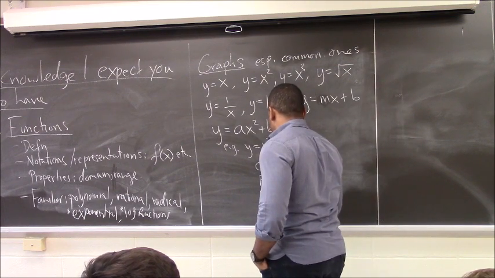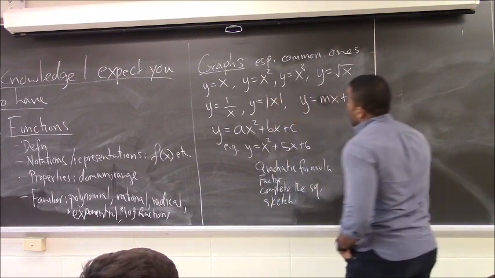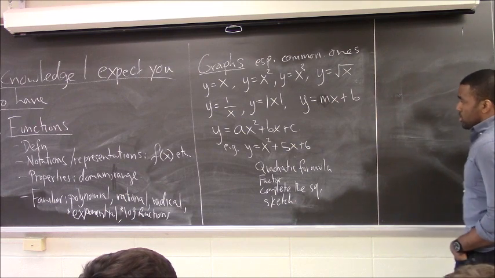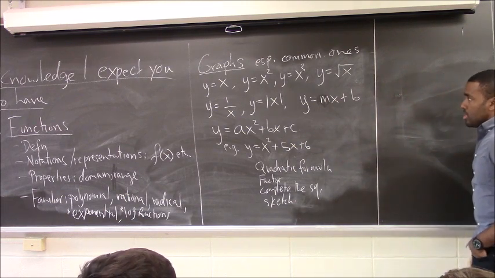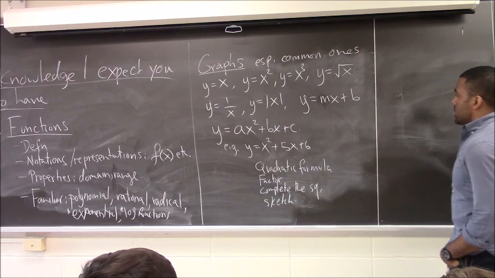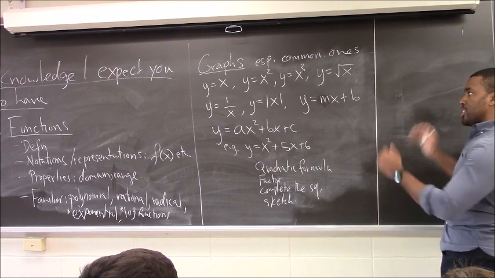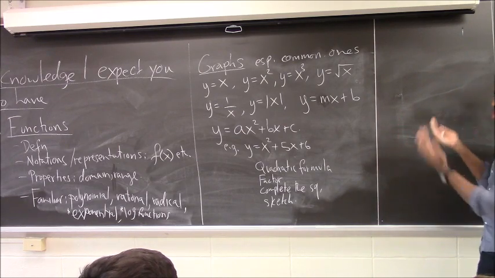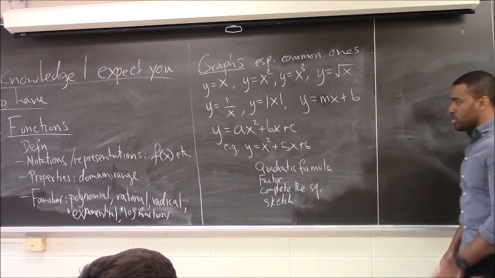Sketch. Random thing. And so how to apply transformations. So if you know how to sketch x squared, you should know how to sketch (x minus 1) squared plus 7. You shouldn't take too much time to do something like that.